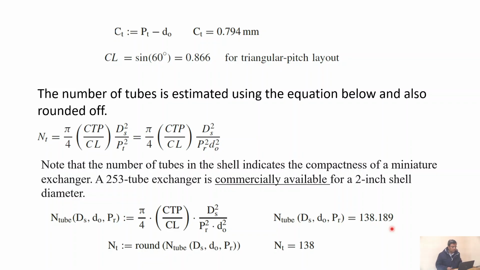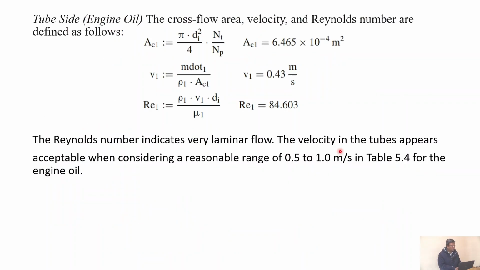Where is this used? This gives you some cross flow area, which depends on the number of tubes as well as the number of passes. Number of passes I did not discuss, but you can understand that the cross flow area will be pi di squared by 4. This is for the tube side.